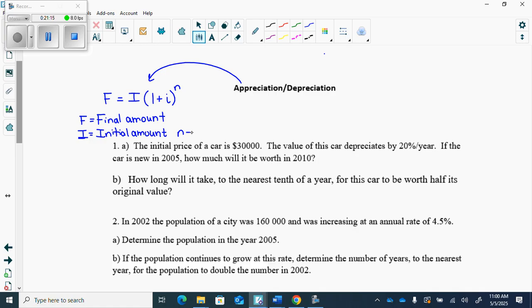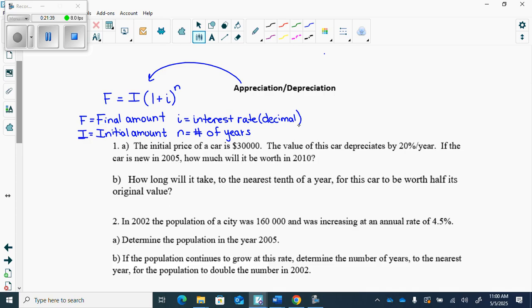N equals number of years. What's the little i? Interest rate in what? Not percent, but in what? In rate in decimal. It has to be in decimal because we're using the number 1. We're not using 100%, correct?